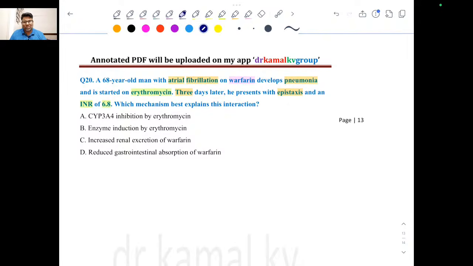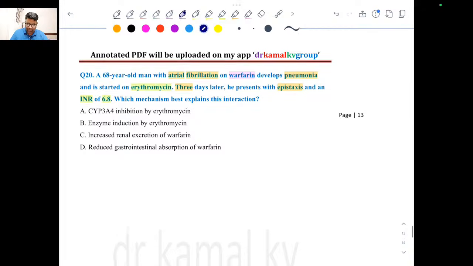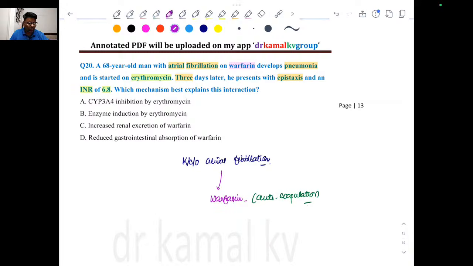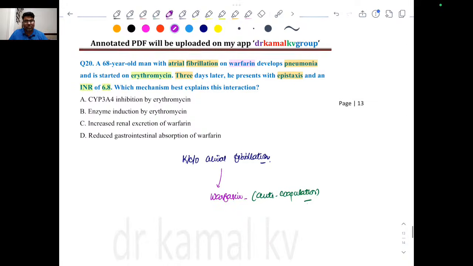So, again this concept we have already taken in many different formats. So, here the patient is a known case of atrial fibrillation and he was started on warfarin for anticoagulation. Clear? So, we just want to avoid any thrombotic possibility here.